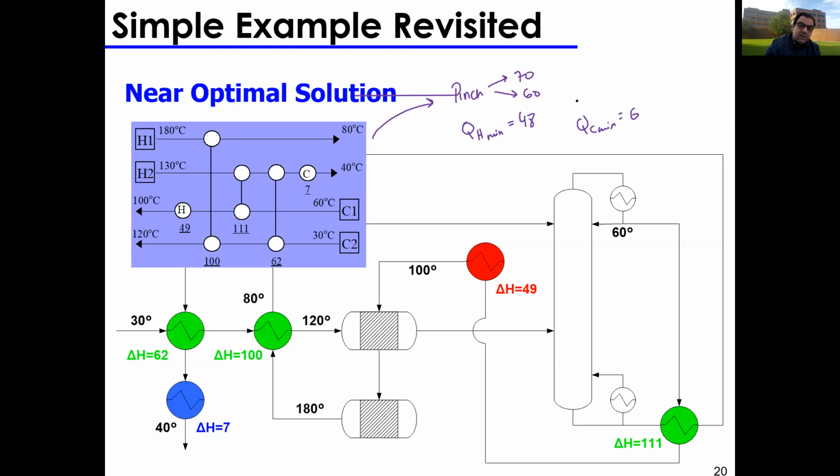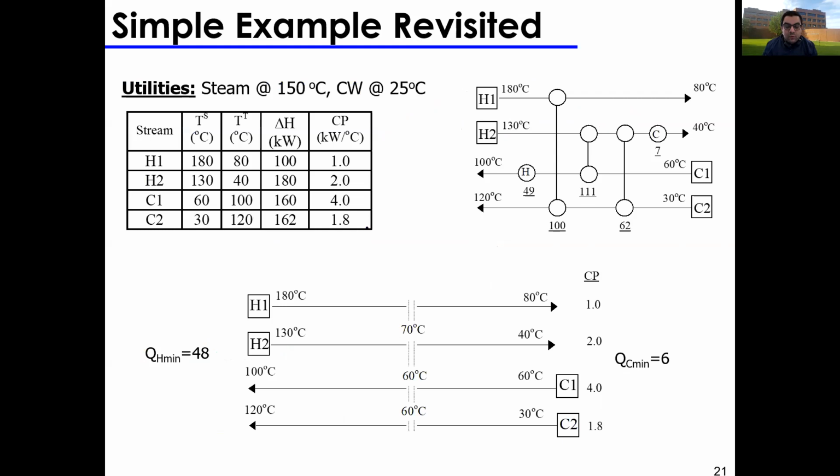Now let's try and design this heat exchange network. As always, first we graphically draw these lines. I start with my hot stream: I draw H1, a horizontal line, with my starting temperature, my final temperature, and I note my CP next to it.